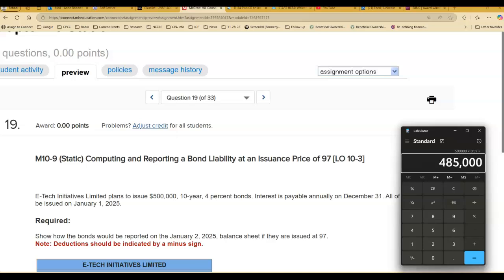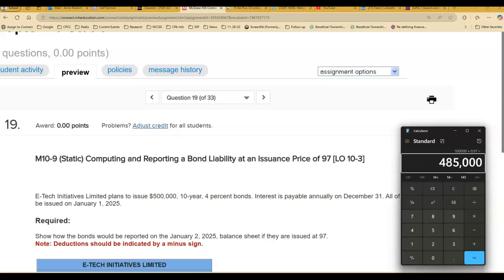So they were issued at $485,000. Is everybody with me? We issued $500,000 worth of bonds. We received $485,000 for those bonds. So how much is the discount? $15,000. It's just the difference between the two.